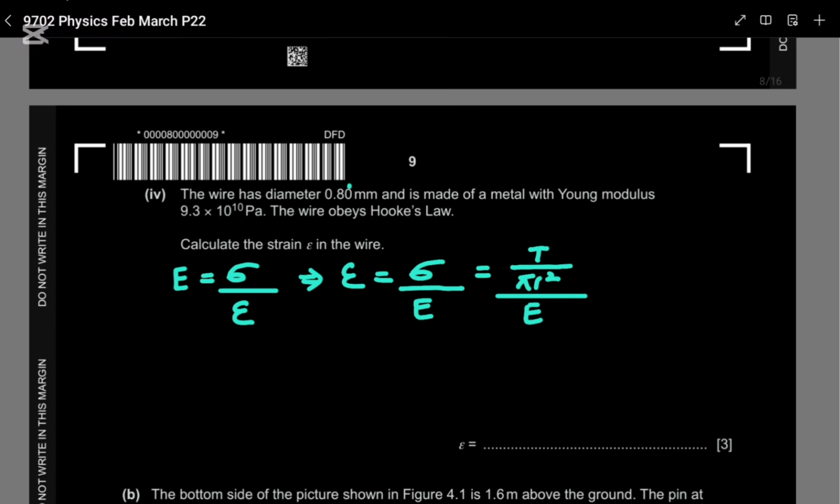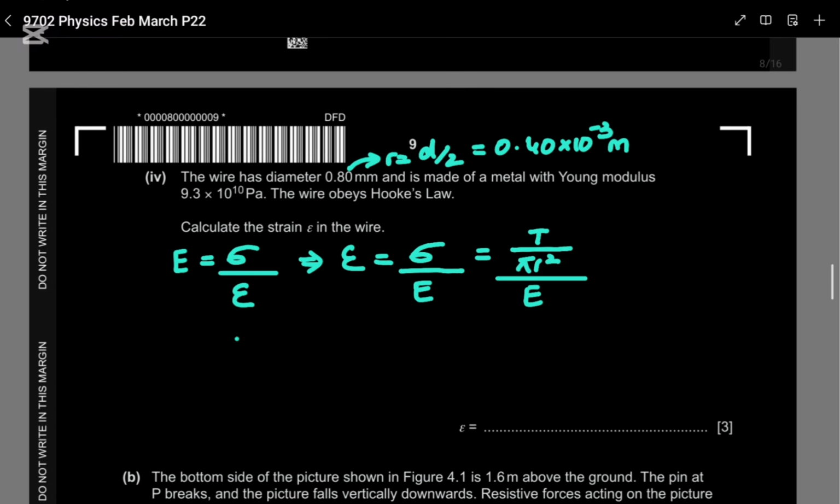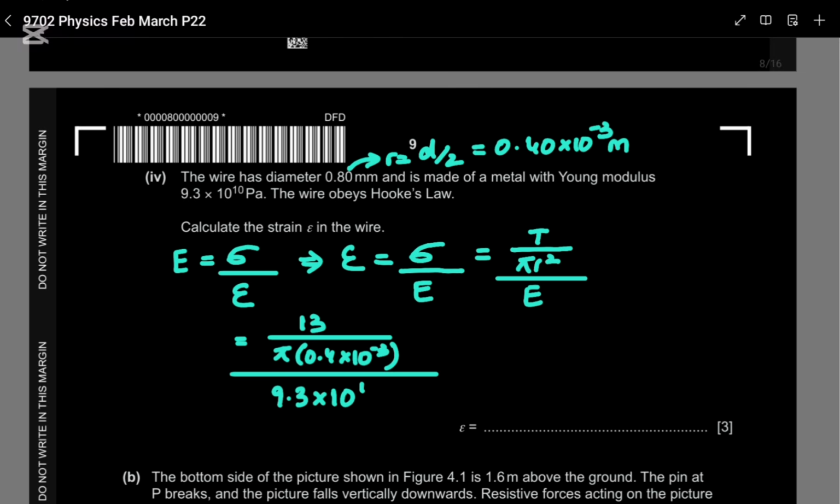Now r is equal to diameter over 2, so 0.40 times 10 to the power of minus 3 meters, because they gave us millimeters. So this is equal to 13 over pi times 0.4 times 10 to the power of minus 3, over the Young modulus, which is 9.3 times 10 to the power of 10.